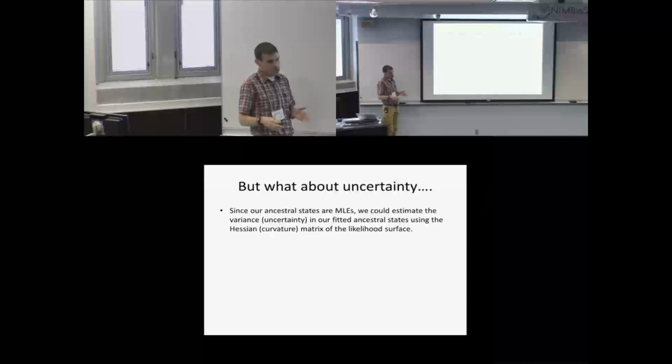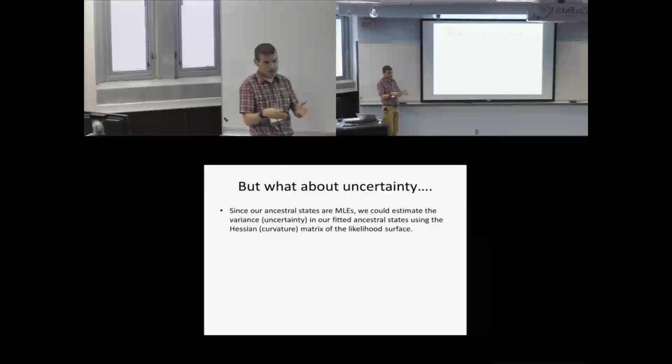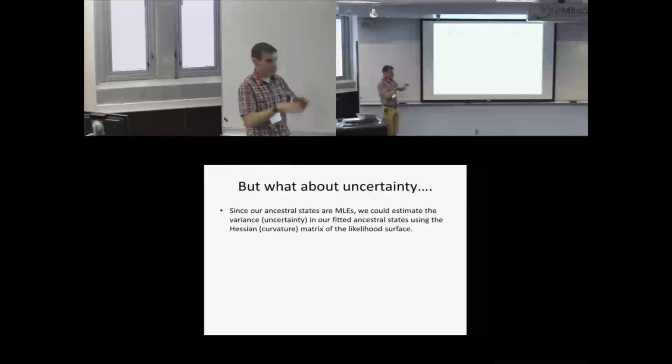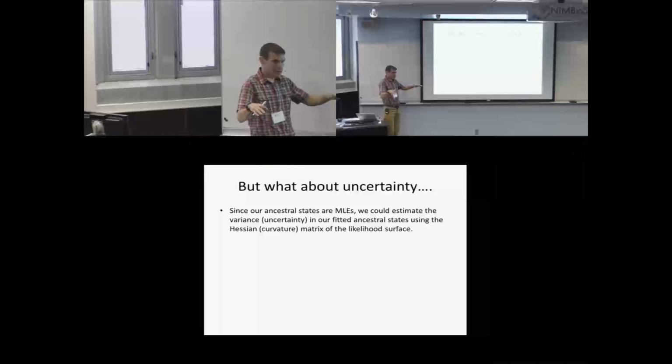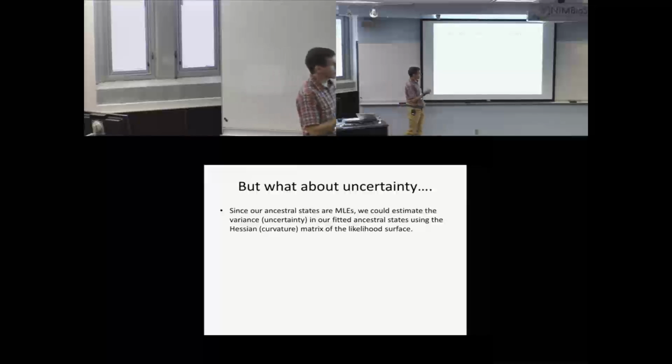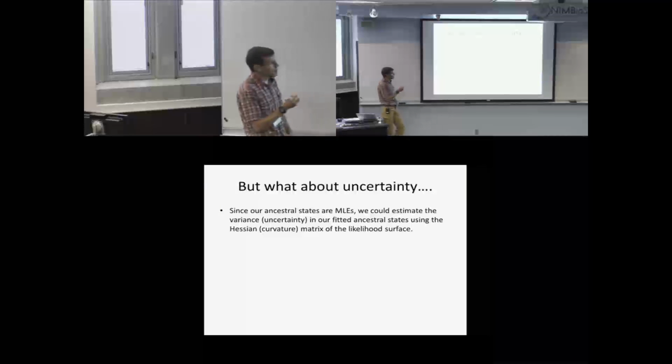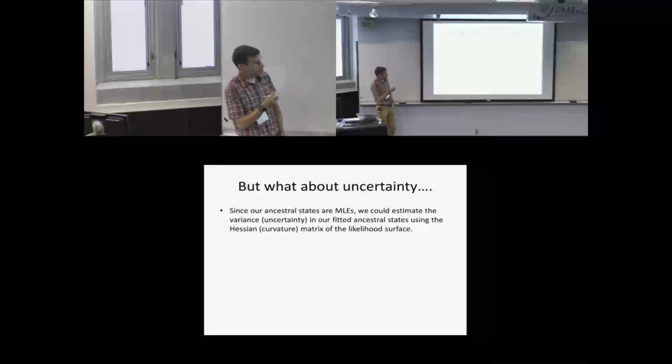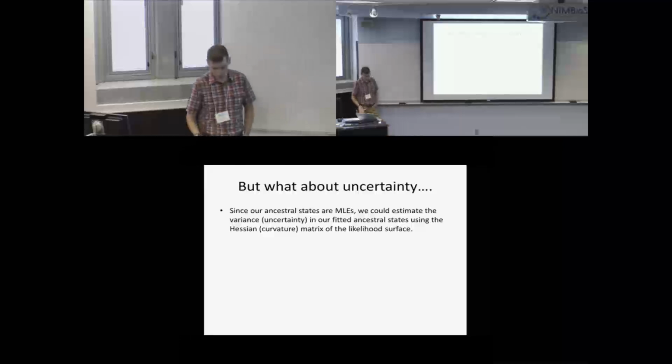Well, if the curvature is high, in other words, the likelihood surface is very peaked, then the variance is small, and conversely, if the likelihood surface is flat, in other words, the curvature is low, then the variance on our estimates is high. This is how the curvature of the likelihood surface is related to the variance that we might associate with any particular maximum likelihood estimate.